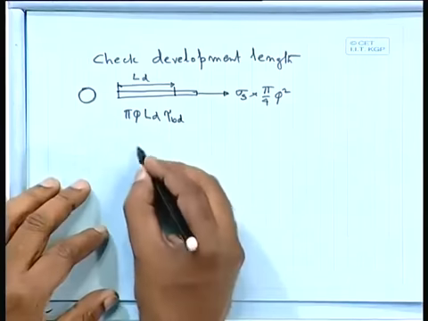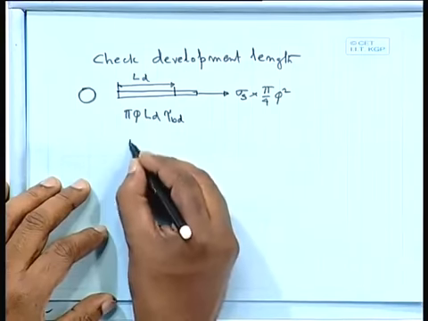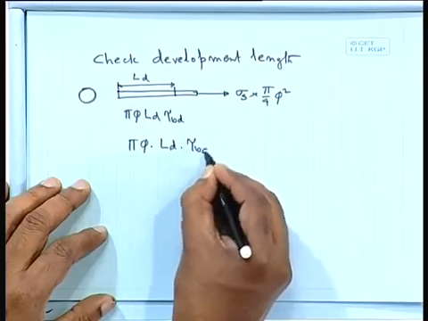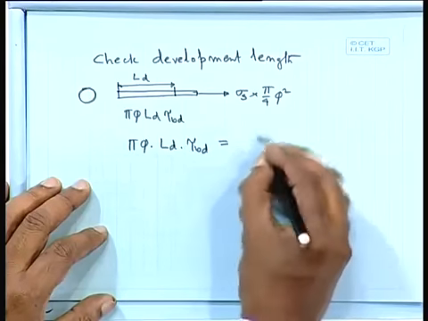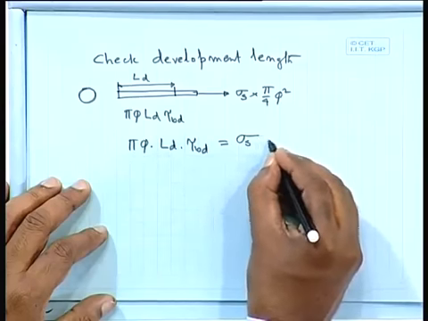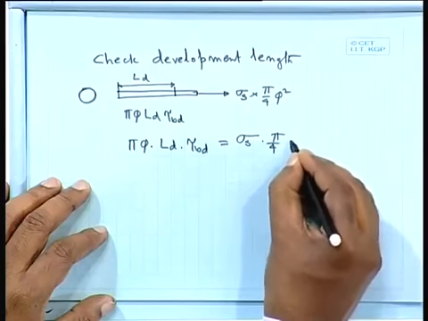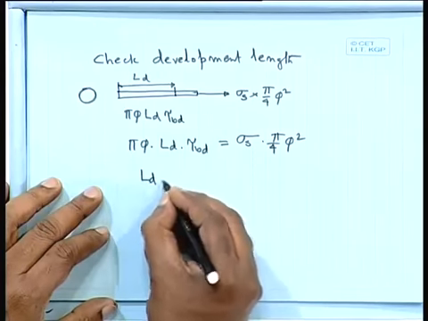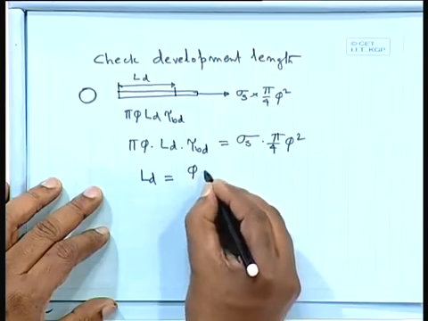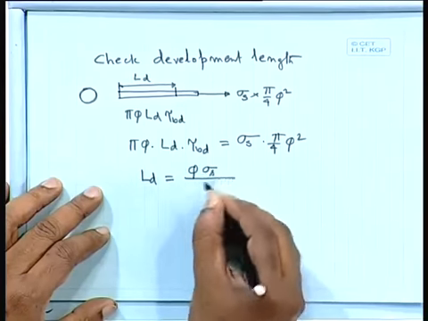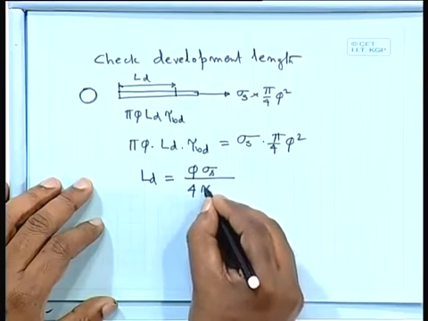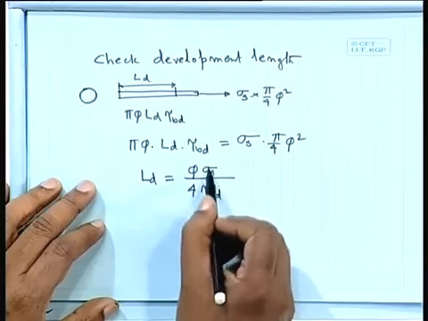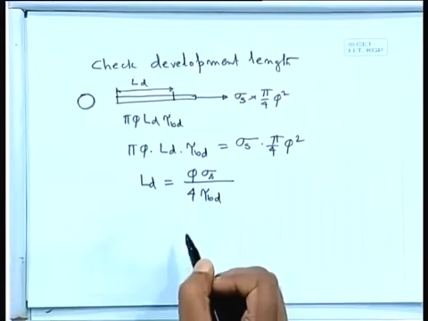So I can write pi phi times ALD times tau BD equals sigma s times pi by 4 phi square. So we shall get the development length ALD equal to phi sigma s divided by 4 tau BD. So, ALD equal to phi sigma s by 4 tau BD.